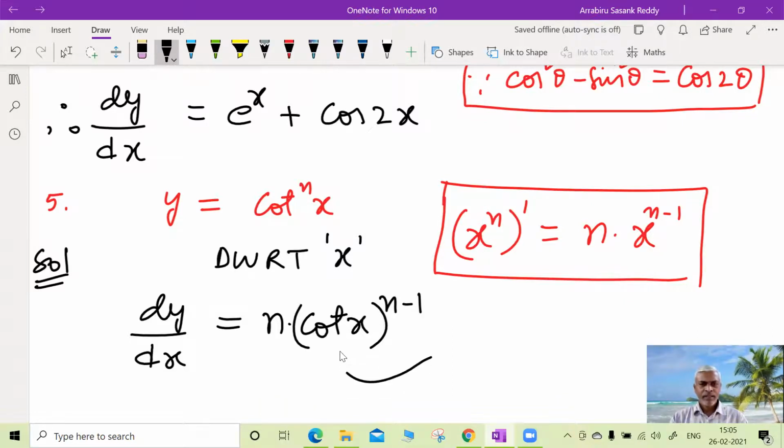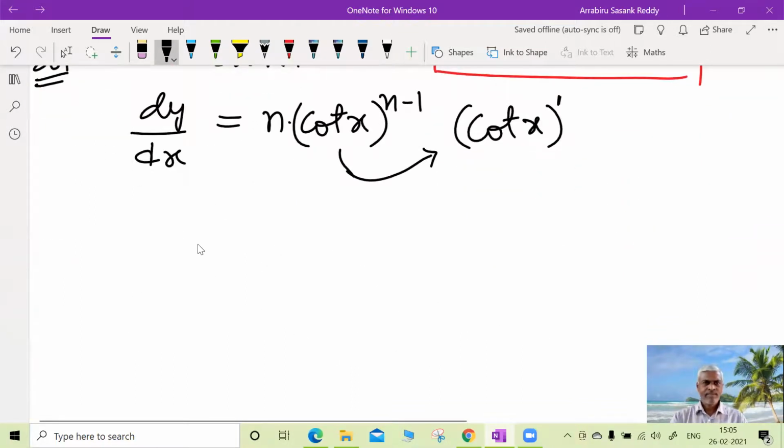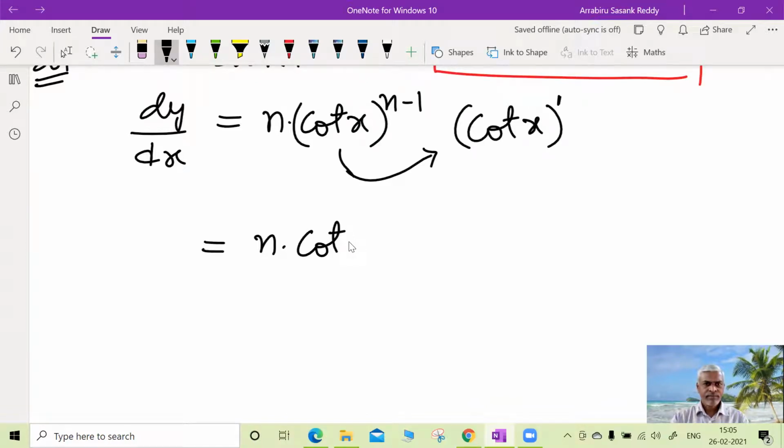Again, in place of x, cot x is there. Again, cot x differentiation. N into cot x to the power n minus 1, and cot x differentiation is minus cosec square x.